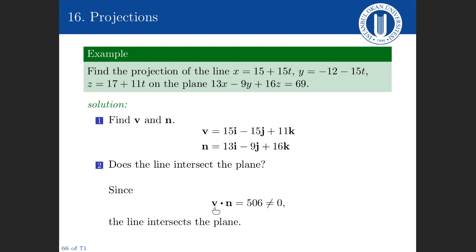We calculate v dot n, and we find that this is not 0. The line is not parallel to the plane, it must intersect the plane somewhere. So either the line is orthogonal to the plane, or we have a picture like this.